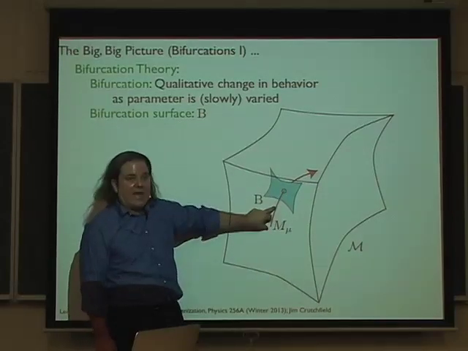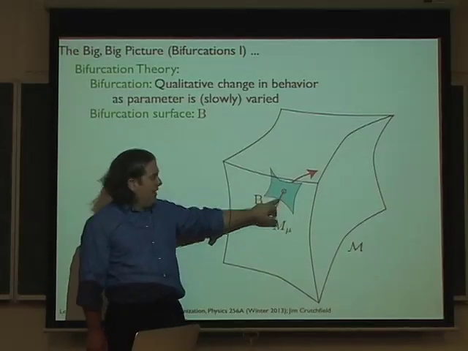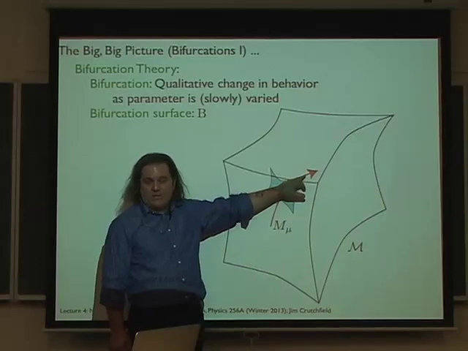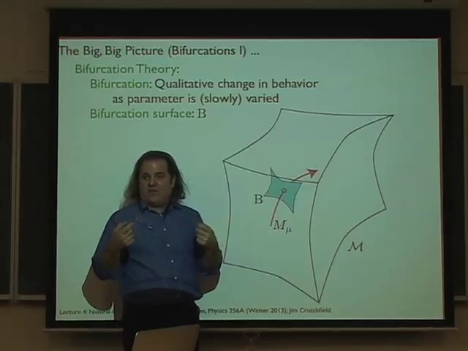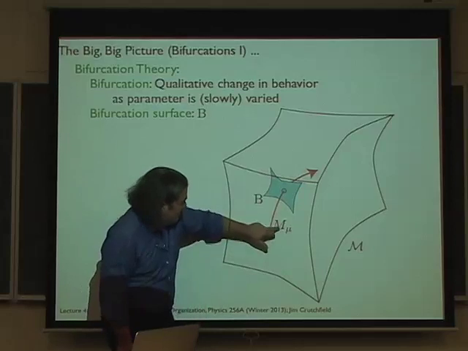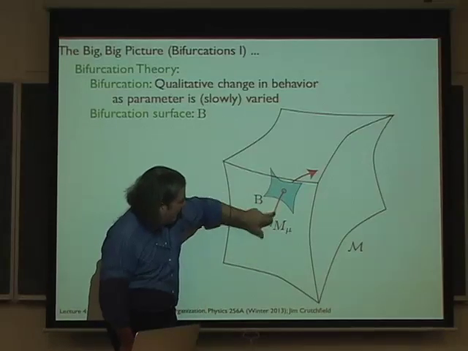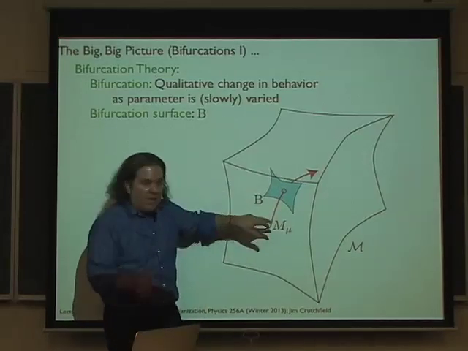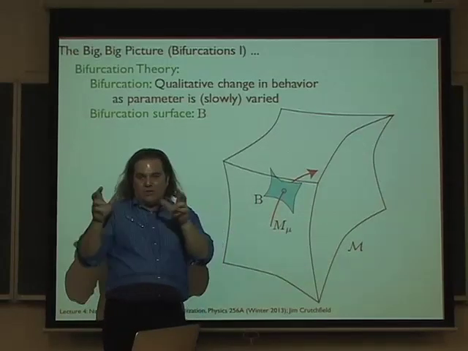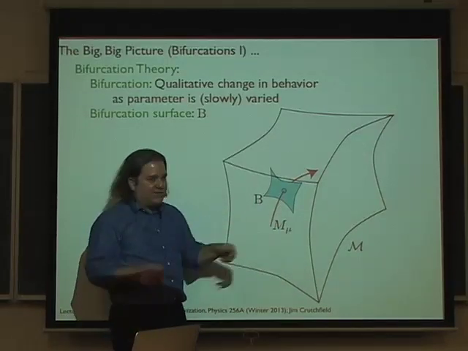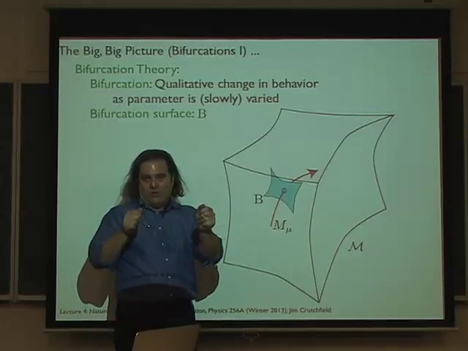So say on this side I have a single fixed point, and on this I have 2 fixed points. There's no way for me to sort of rubber sheet distort the state space to change that number. Now maybe, before this bifurcation happens and I'm varying the control parameter mu, the fixed point is moving around. But I'm allowed, under this notion of qualitative equivalence, to do a rubber sheet distortion.